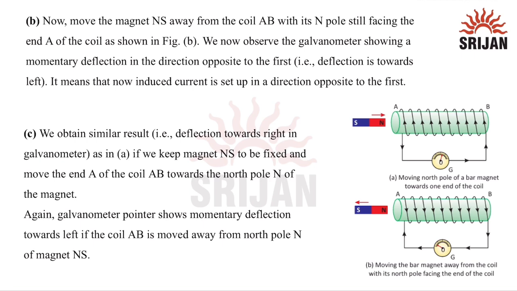Thirdly, we obtain a similar result, that is deflection towards the right in the galvanometer as in A, if we keep the magnet NS at a fixed point and move the end A of the coil AB towards the north pole of the magnet. Again the galvanometer pointer shows momentary deflection towards left if the coil AB is moved away from the north pole of the magnet NS.